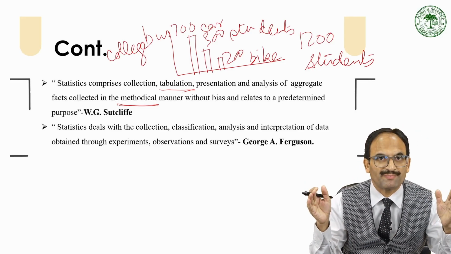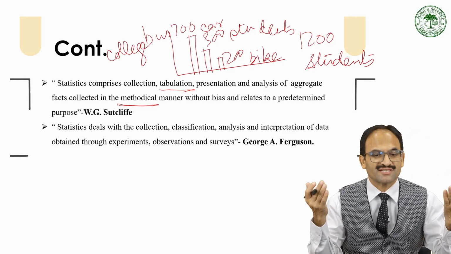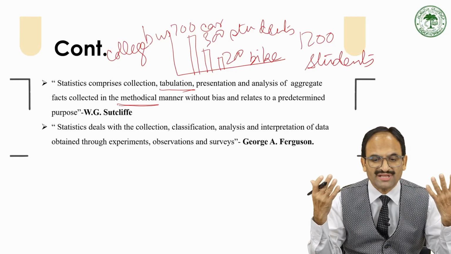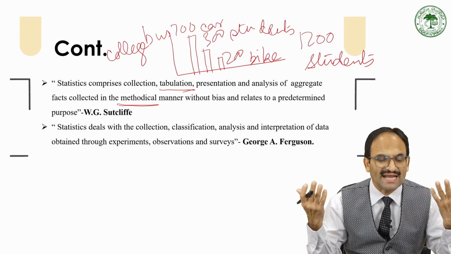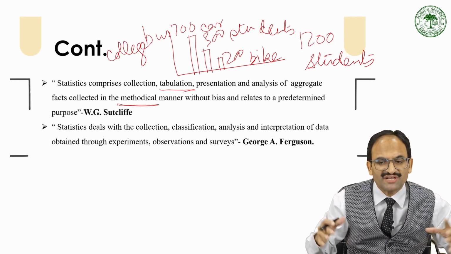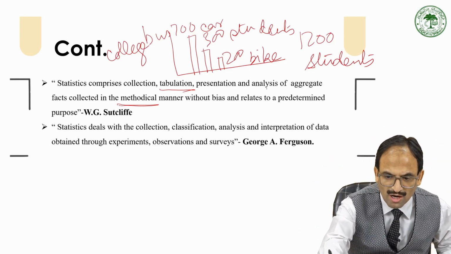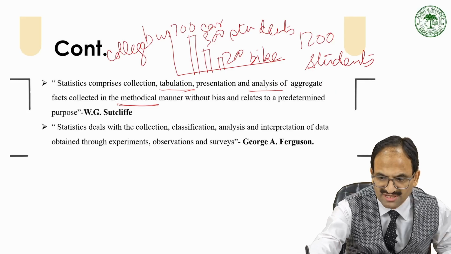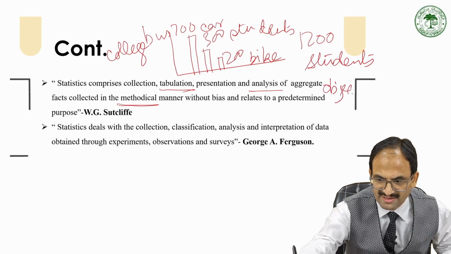What are our purposes? Accordingly, statistics will define how methodically we are going to analyze the data without any bias. That is, this analysis of the data will be done objectively.